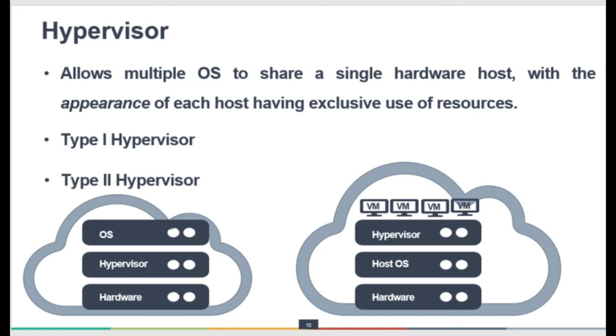For example, this is type 1, this is type 2, and in type 1 this hypervisor directly runs on the hardware. Okay, and this is also known as the bare metal. And VMware ESXi, Citrix XenServer, etc.